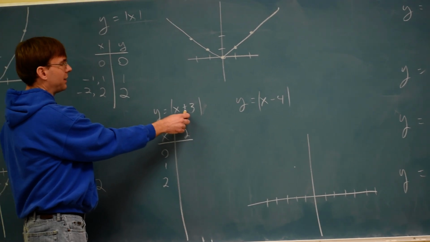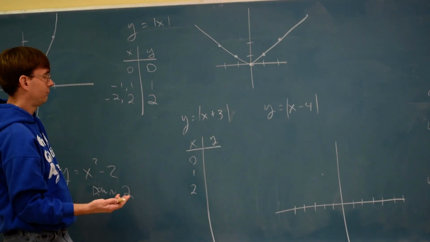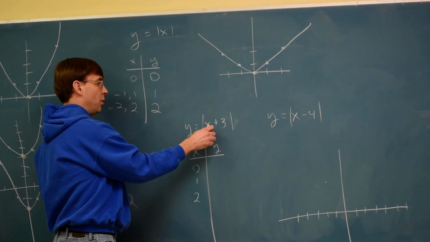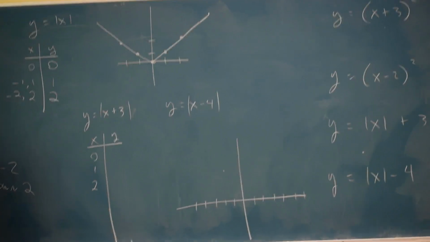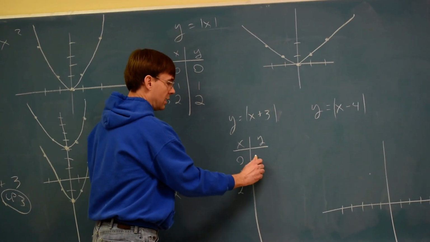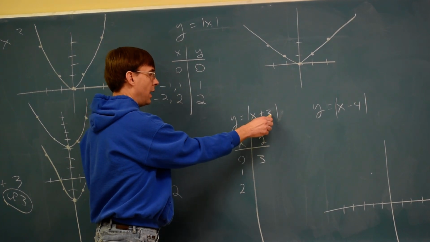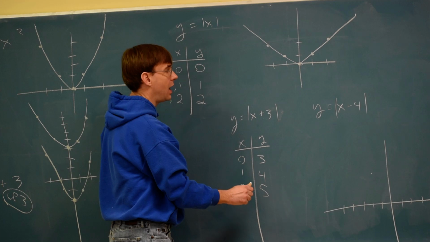To figure out what this did for the first time, you might have to just make a table. If you were here, I'd have you guess. People would yell all sorts of up 3 kind of stuff. 0 goes in, adds 3, that's 3. 1 adds 3 to get 4. 2 adds 3 to get 5.